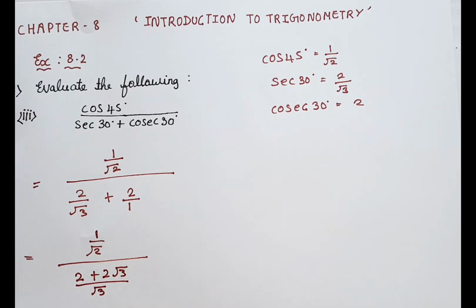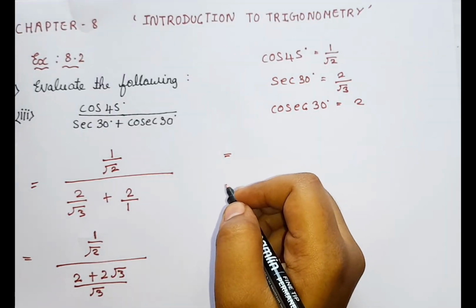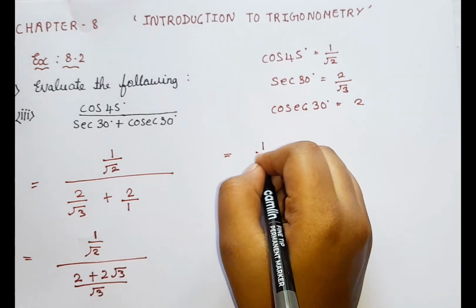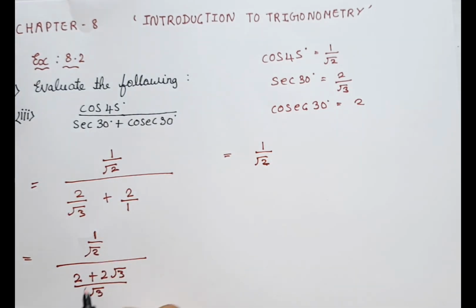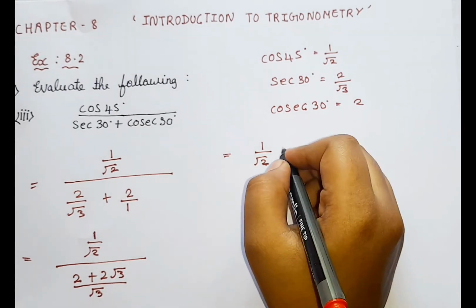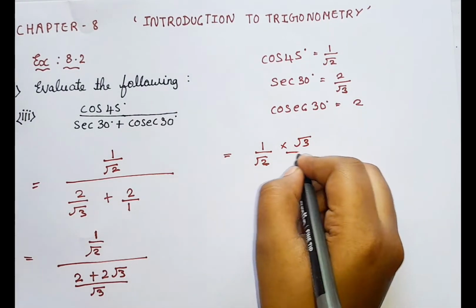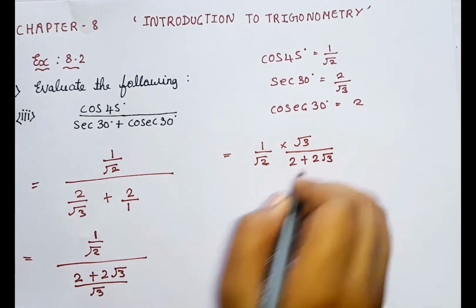Now I'm continuing: is equal to, now I'm going to do the reciprocal. 1 by root 2, I wrote it as it is, and I take the reciprocal of the other number. When I take the reciprocal, I'll get root 3 by 2 plus 2 root 3.